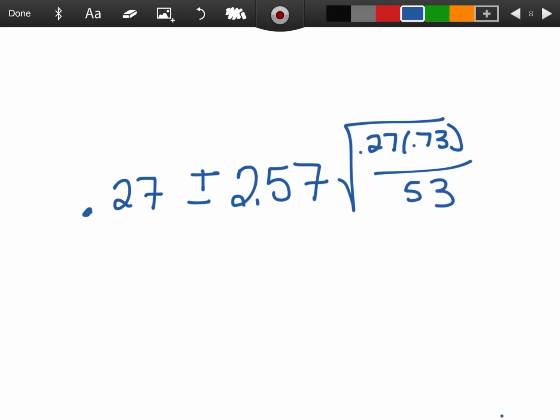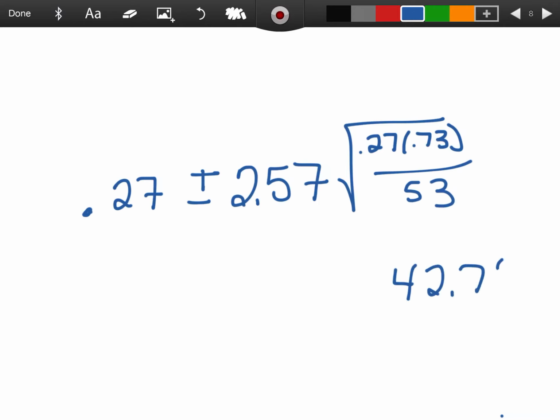So the first thing I'm going to do is go on the high end, 0.27 plus 2.57 standard deviations. I'm typing in my standard deviation. Y'all should be doing the same thing.